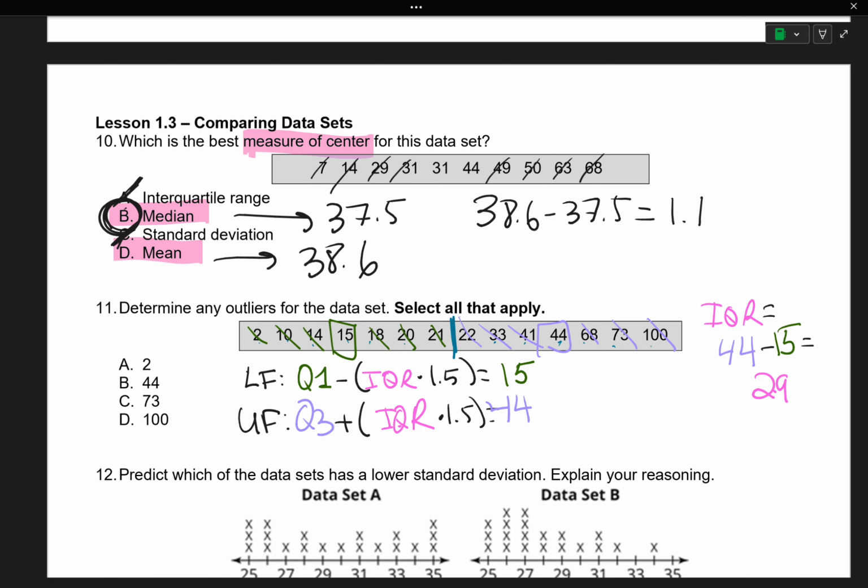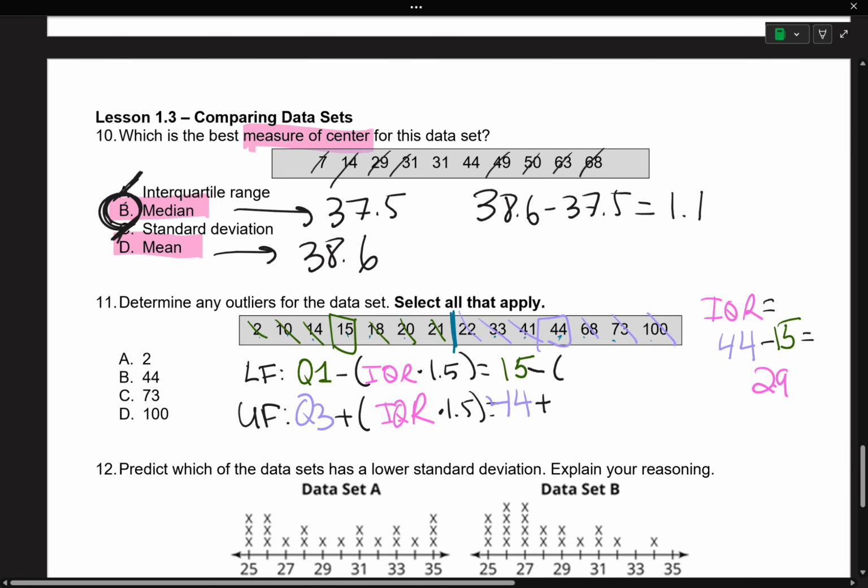Okay, let's fill it in. Minus plus 29 times 1.5. Okay. When I put this in my calculator for the lower fence, I get negative 28.5.